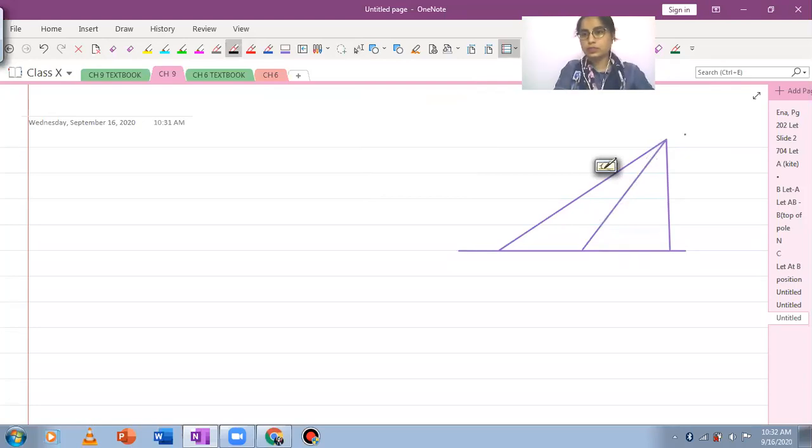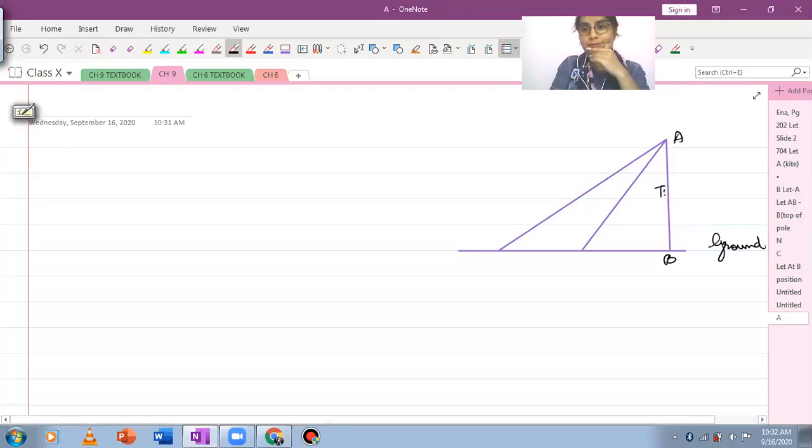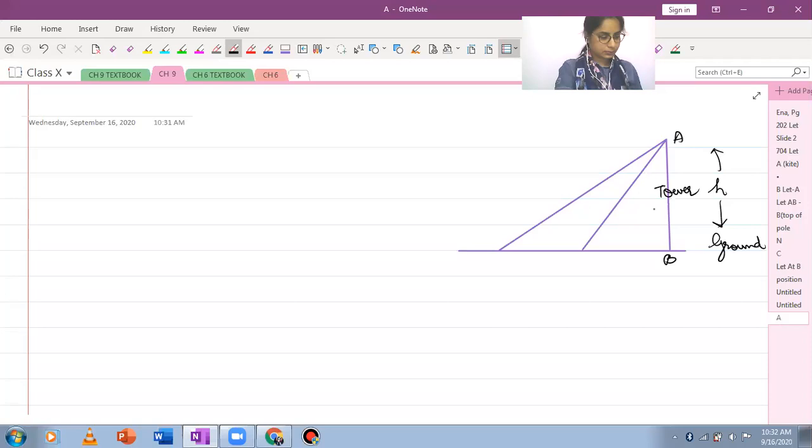Okay, so let's just name this as AB. This is the ground. And this is the tower. We don't know its height, so you can just take it as H. We don't have the height of the tower.